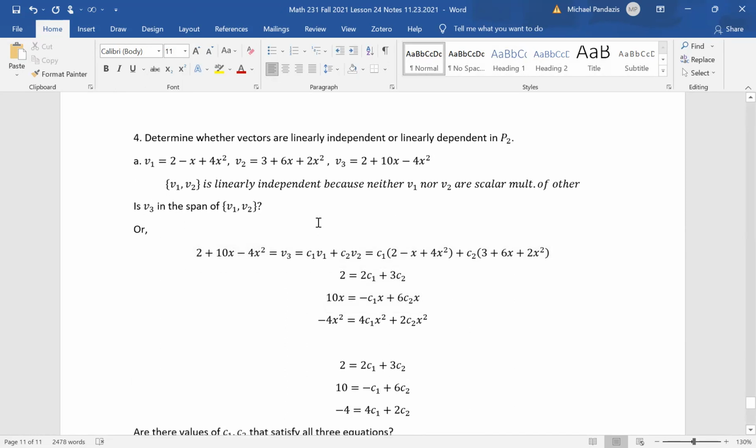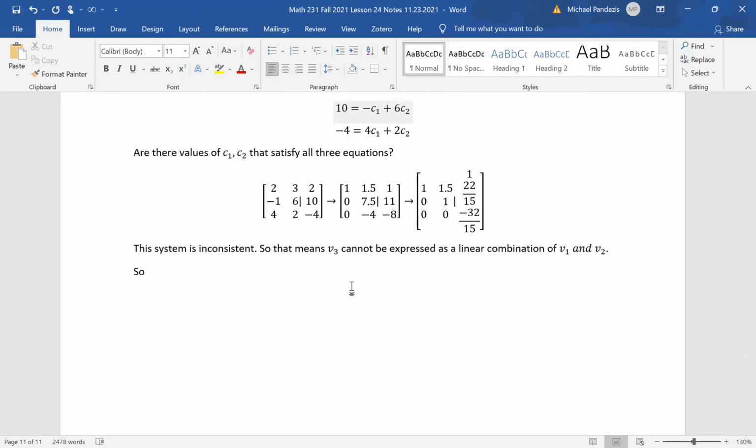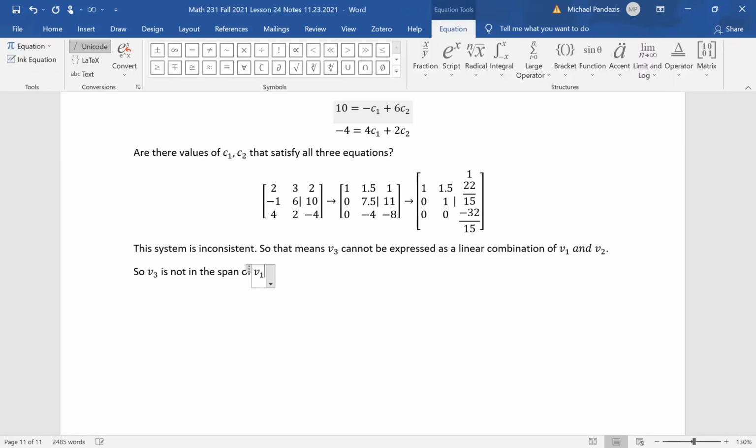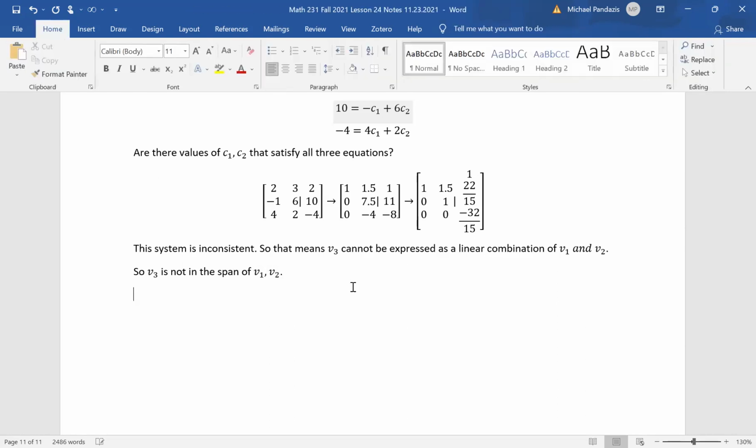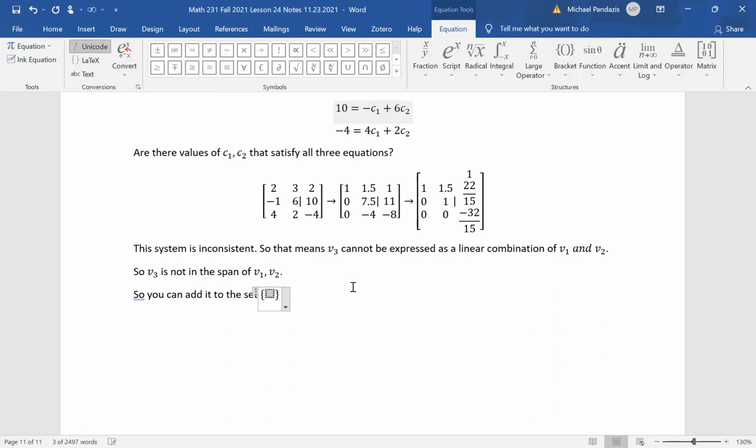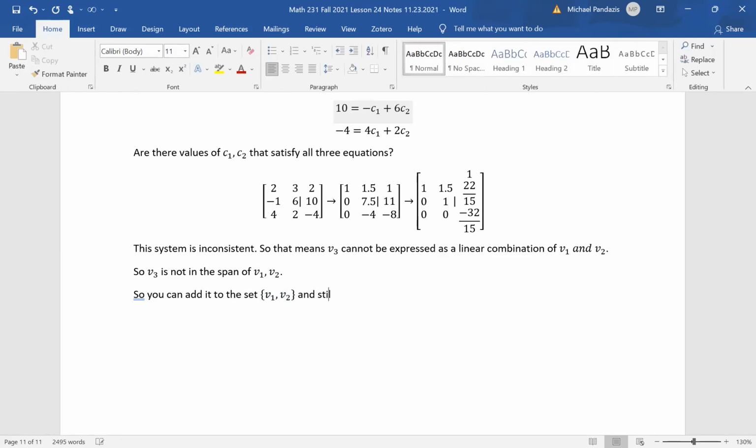So V3 is not in the span of V1 and V2, and so you can add it to the set V1, V2, which is already linearly independent, and still have a linearly independent set.